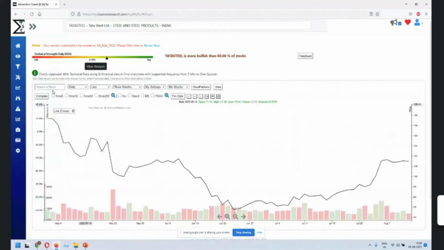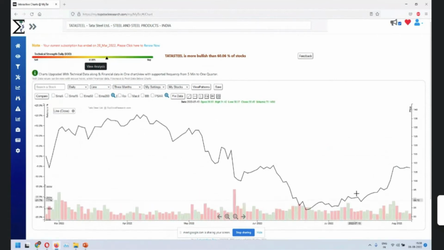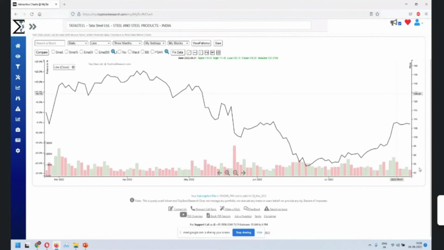Looking at the chart, Tata Steel is in a decent position. After falling for a very long time, it has made a small nice base, and then it's going up. So likely to cross this if the rest of the situation is conducive.